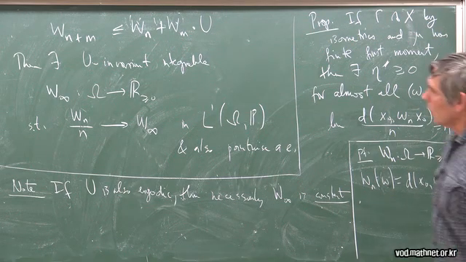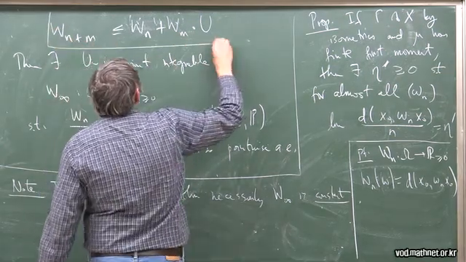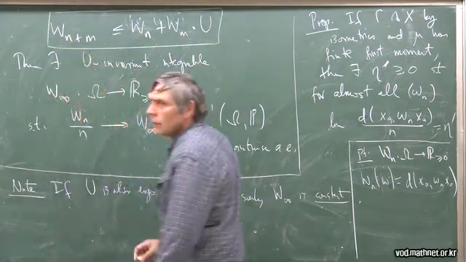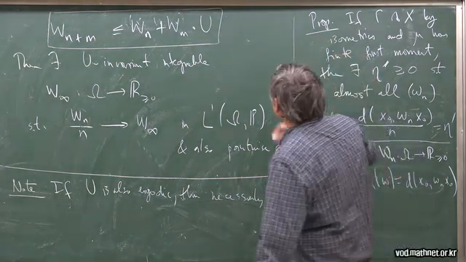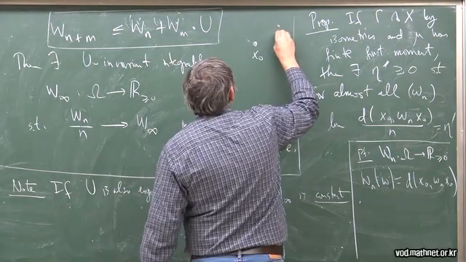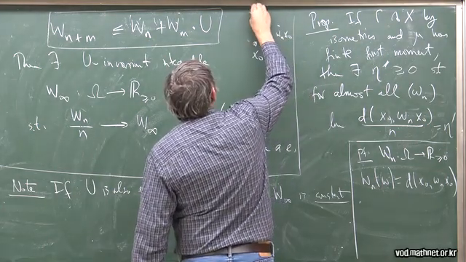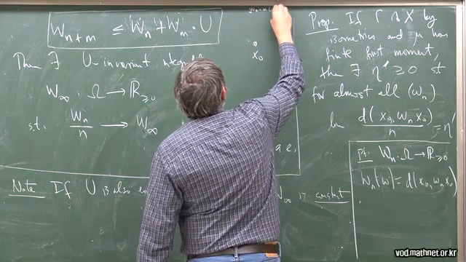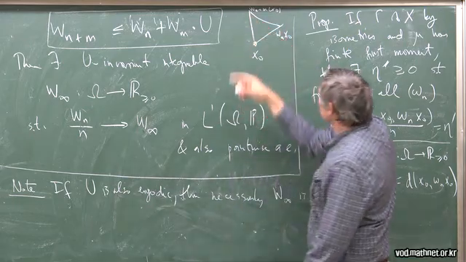And now, how do you see this? This is the triangle inequality, right? Here's my x0, and then I have Wn of x0, and then a little later I have Wn plus m of x0, and this is exactly the triangle inequality for this triangle.